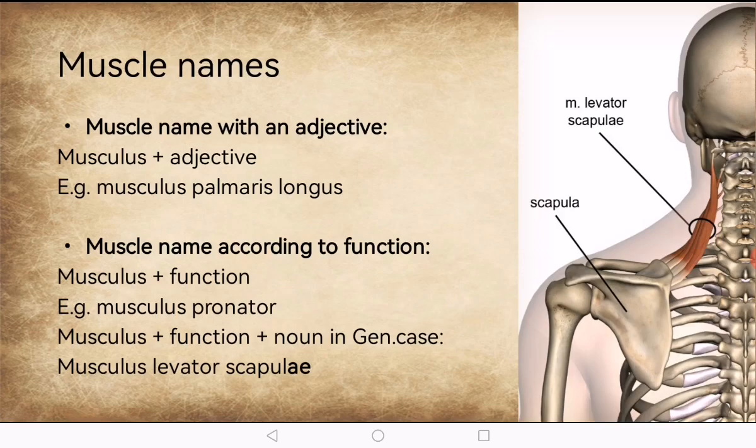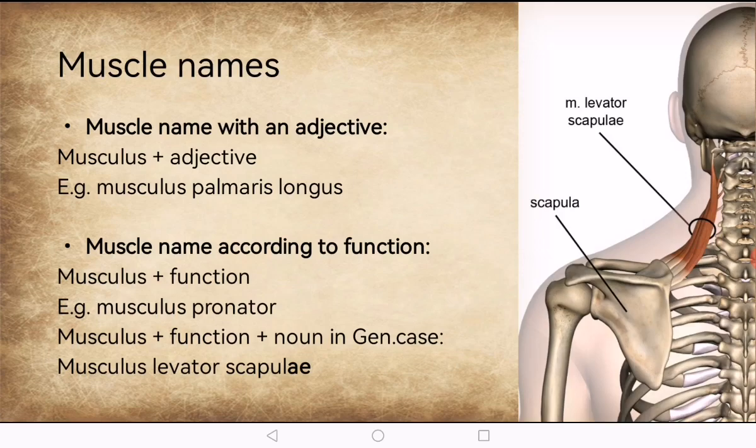And the second is the muscle function to be indicated as a verbal noun of the third declension ending in OR, which names the work that muscle does. The third word is the object of action, always in genitivus or genitive.